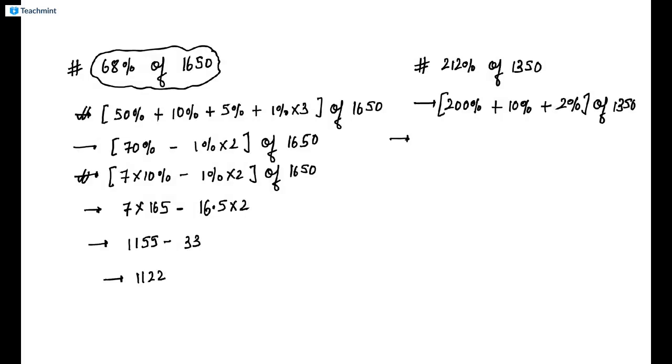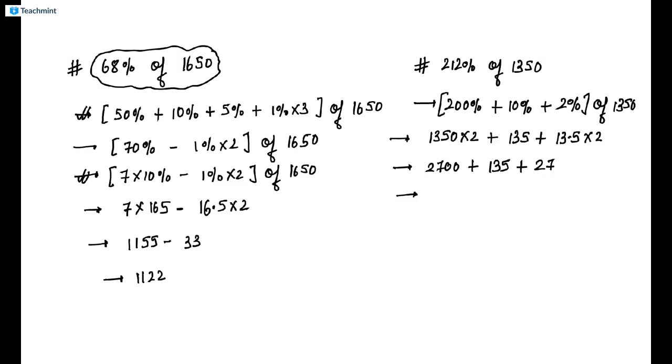What is this 200%? It is the square of 100. So 100% is 1350 multiplied by 2, plus what is 10%? From the right hand, after one digit put the decimal, that is 135, plus what is 2%? 1% is 13.5. I told you, two decimal places, into 2, that is 2% only. So solve this, you will get 2700 plus 135 plus 27.